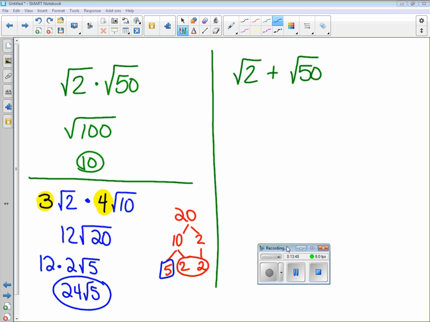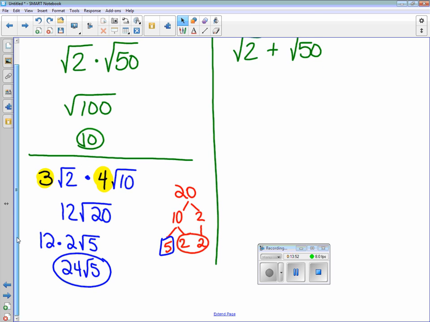All that work. And we could check it if we needed to. We could type 3 square roots of 2 times 4 square roots of 10 in as a decimal. And then we'll try 24 square roots of 5. We should get the same thing.